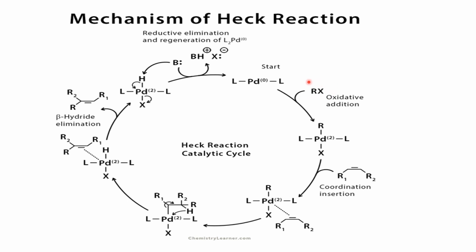Now see here, this is the alkyl halide or the organohalide RX. This reacts with the palladium so that between R and X, that means between the carbon halogen bond, the palladium will undergo insertion. See now here, the oxidation state of palladium has increased from 0 to +2.